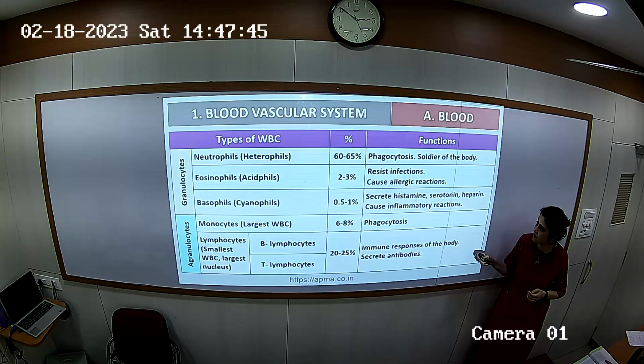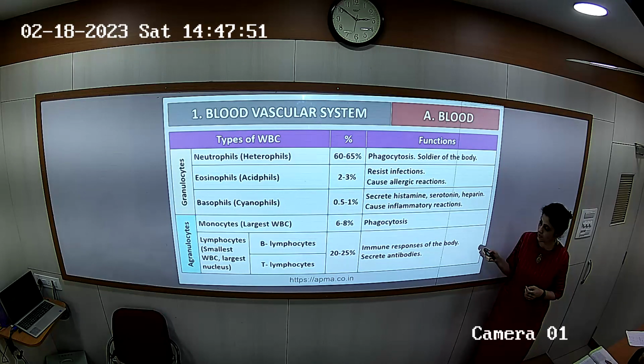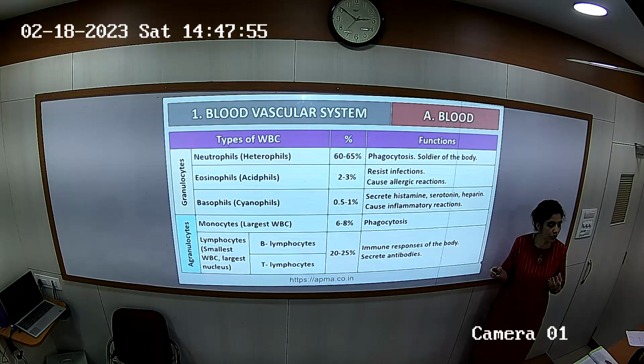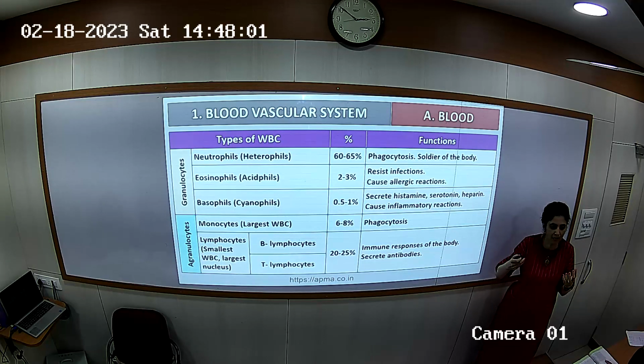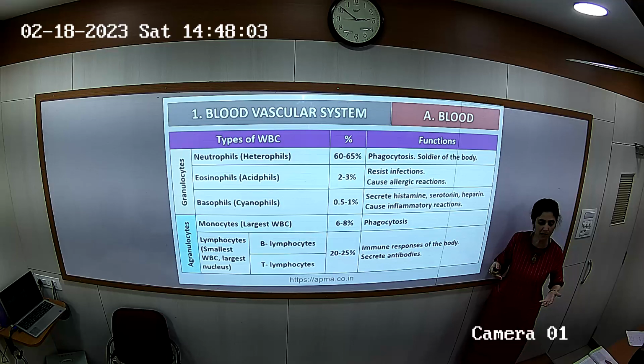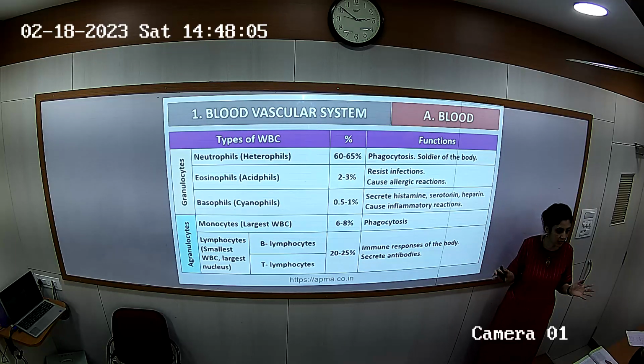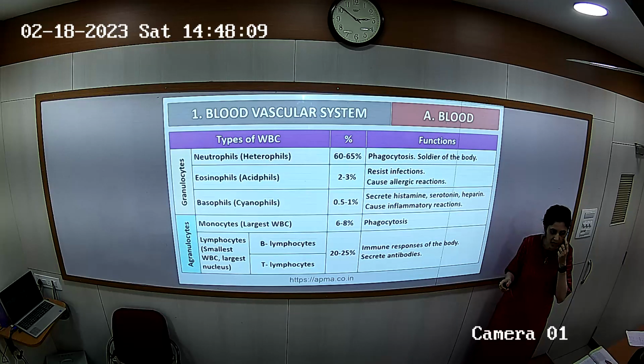They secrete histamine, serotonin, heparin and cause inflammatory reactions. So inflammation is basically what you say sooj in Marathi or sujan in Hindi. Okay, swelling. This is the immune response of the body towards something that we don't like, something that is foreign. So you get a mosquito bite, you get that redness around it.